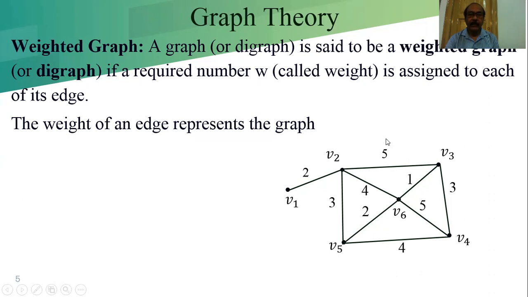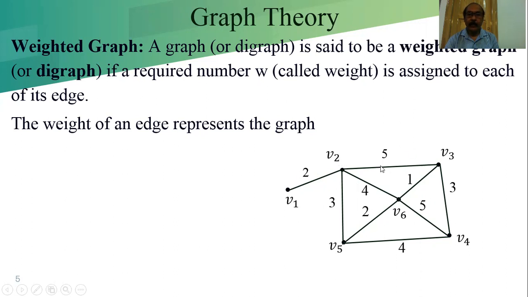It may be distance, it may be time, it may be the number of human resources used, it may be the measure of water flow or current flow, like that. The weight of an edge is represented in the graph: edge V1, V2 has weight 2.